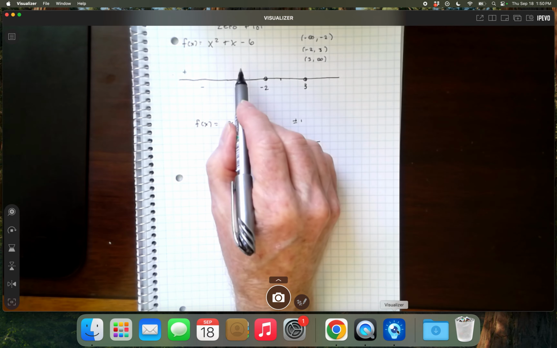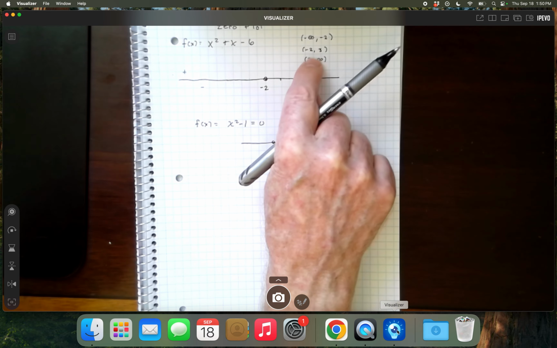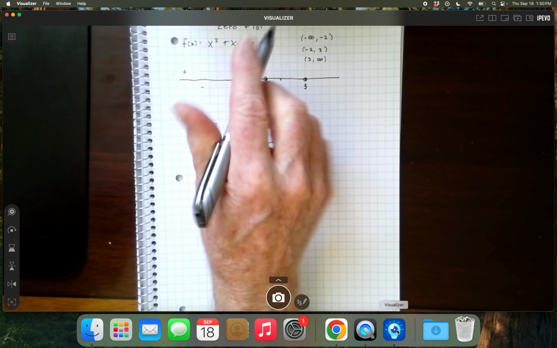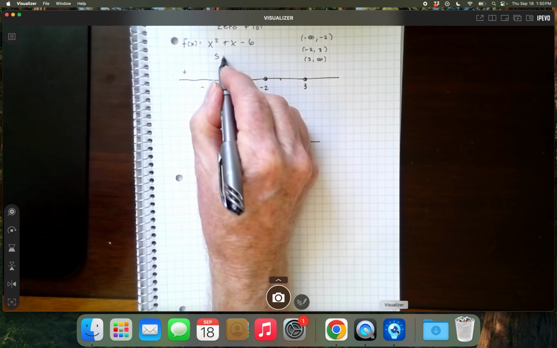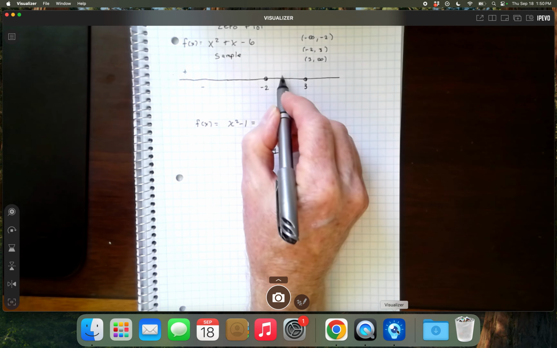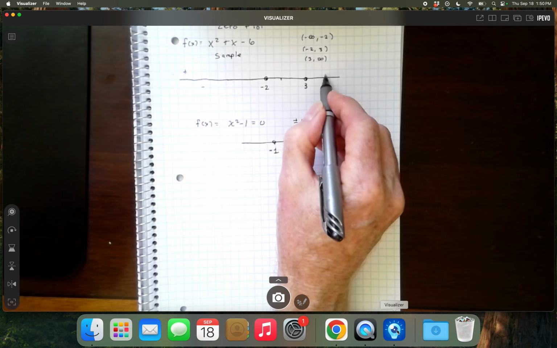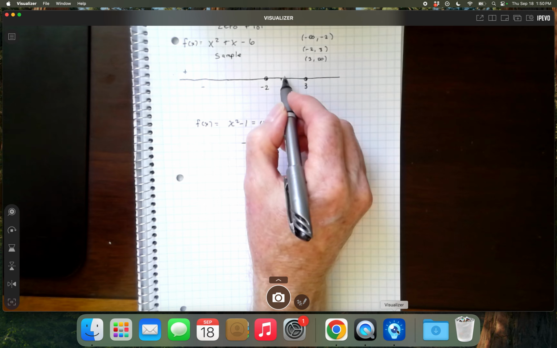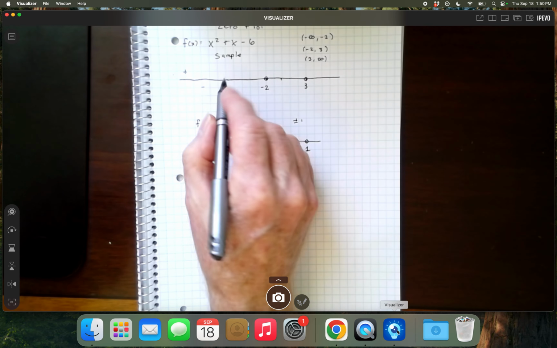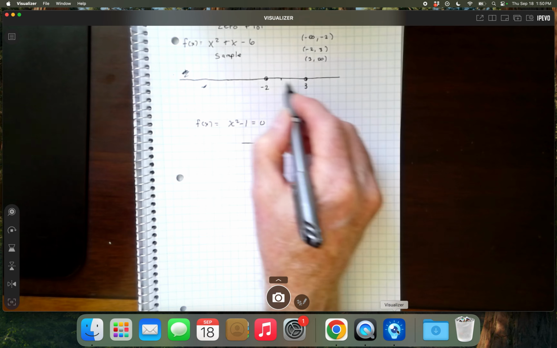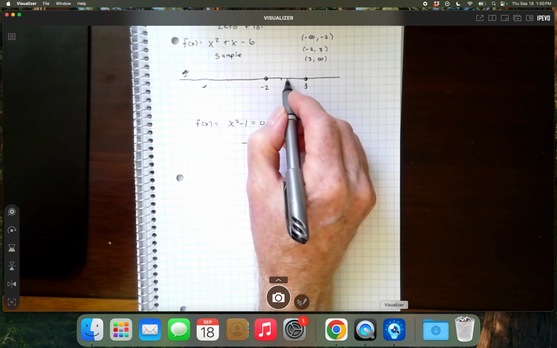So what I want to do is figure out for these 3 segments if the function is positive or negative. And to do that, we sample the function. We choose some value in one of these segments. Now I'm going to choose 0. 0's in here. And I'm going to look at what f of 0 is. I'm choosing 0 because it's usually easy to see what the function is at 0.